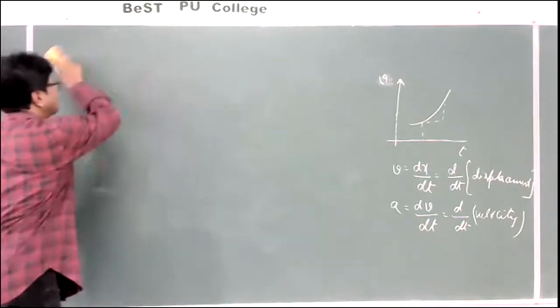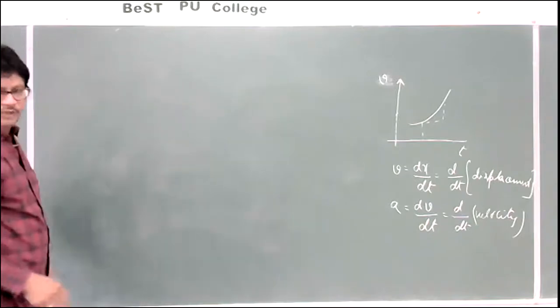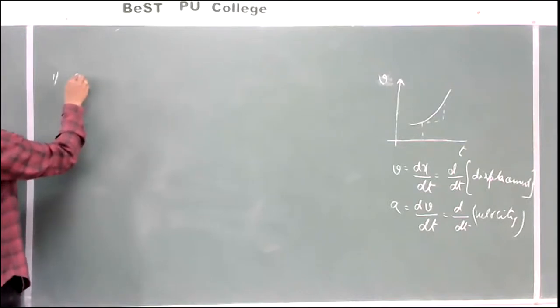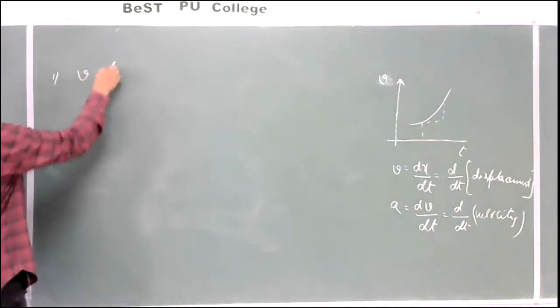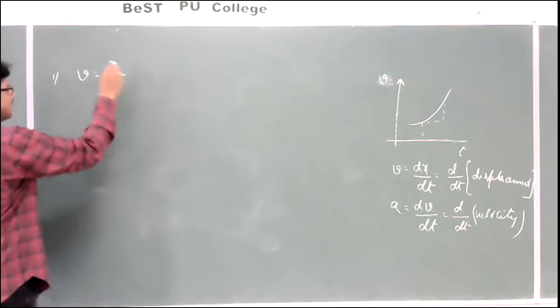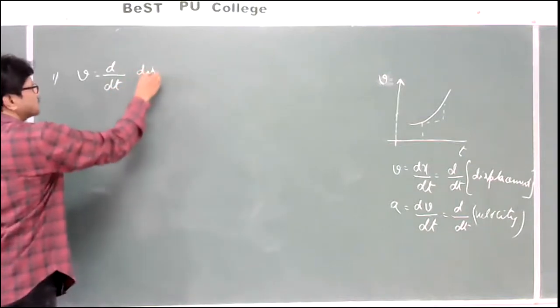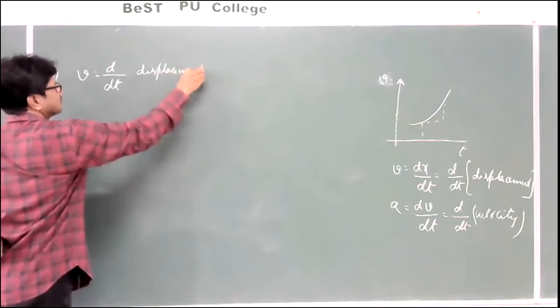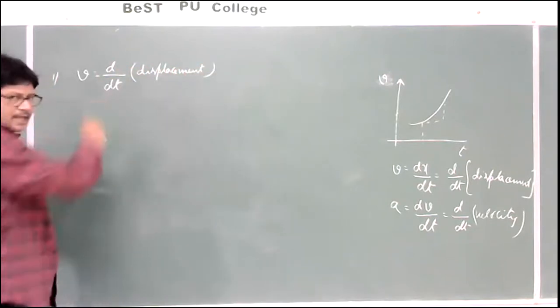So now, what are the formulas you need to follow? First one: we can get velocity if you differentiate displacement with respect to time.